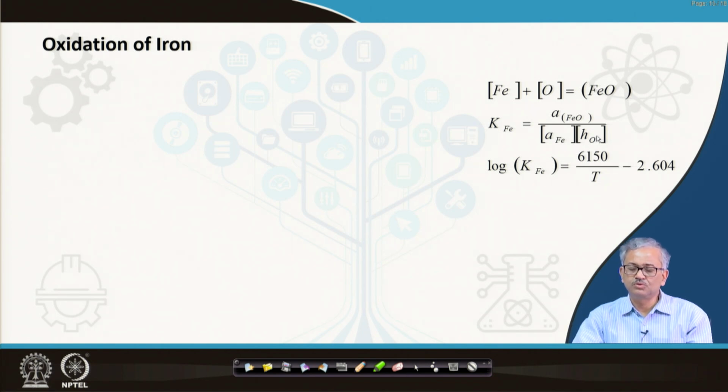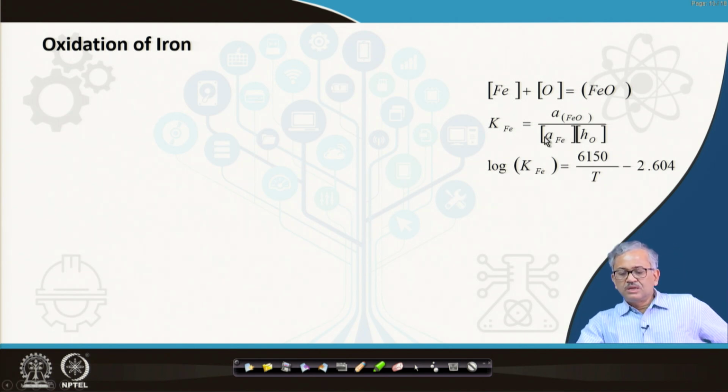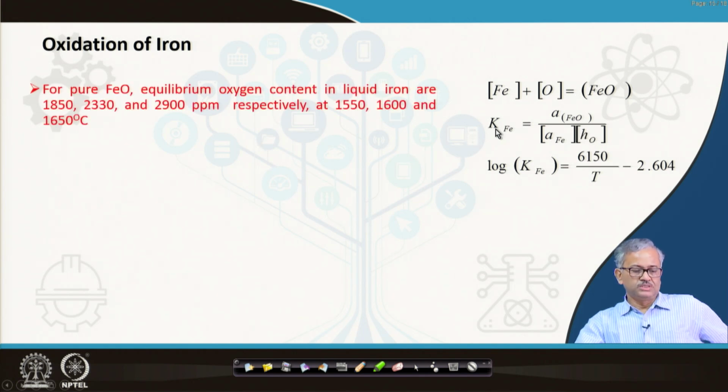So you can directly calculate the value of w_O, because the activity of FeO you may consider 1, and the activity of Fe you can take as 1 because it is the major bulk in the liquid iron. So you can take the activity of Fe equal to 1, the activity of FeO as 1, and K_Fe you can calculate. So simply you can calculate the dissolved oxygen in the bath from this equilibrium.